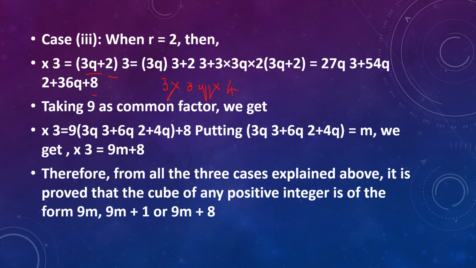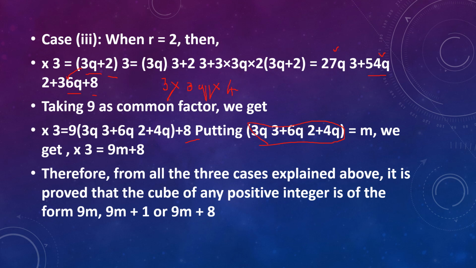Taking 9 as a common factor, we get x cube. From the terms 27, 54, 36, we are taking 9 outside. The remaining terms are 3q cube plus 6q square plus 4q, since 3 times 9 is 27, 6 times 9 is 54, and 4 times 9 is 36, added with 8. 8 is a different term, so we keep it aside.